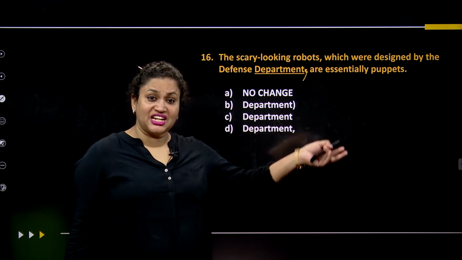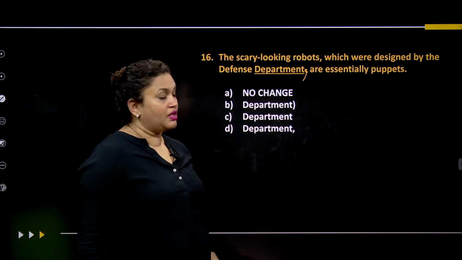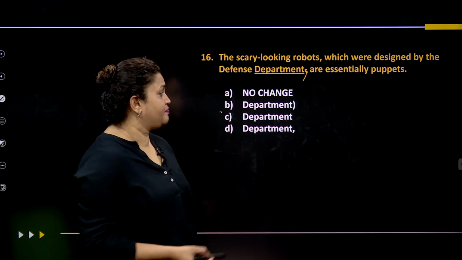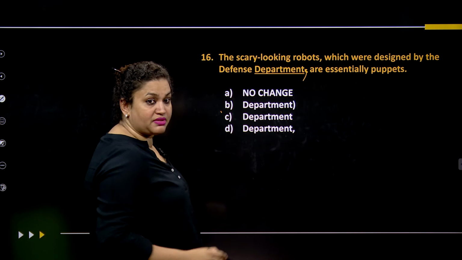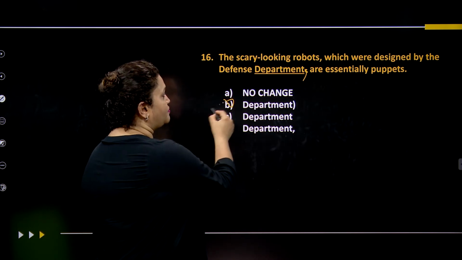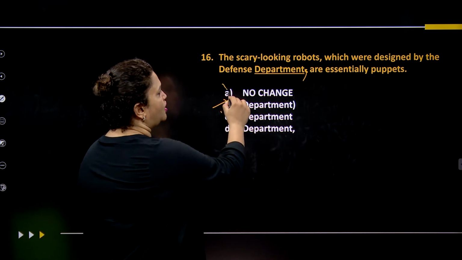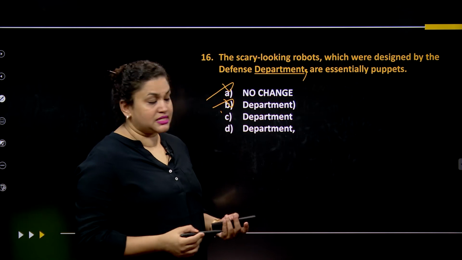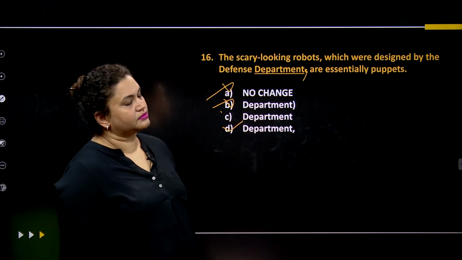If you had a dash before which, you could have had a dash here, but we definitely don't have that option. You cannot have a bracket because it does not have a starting bracket, therefore, this is not the right option. Definitely you require something here, therefore, no change is not an option. Only Department will not suffice, so only D is the right answer. Clear?